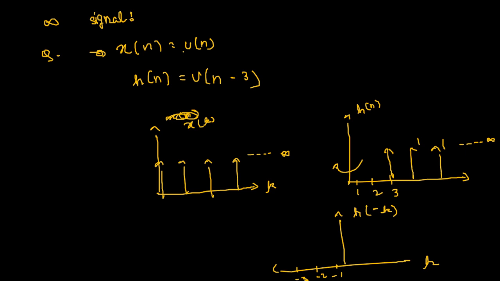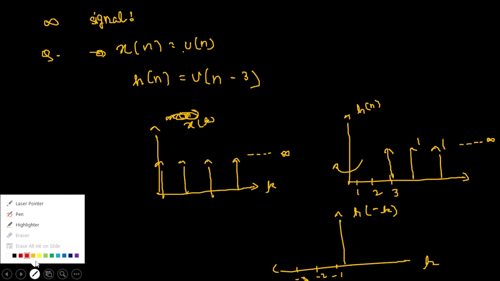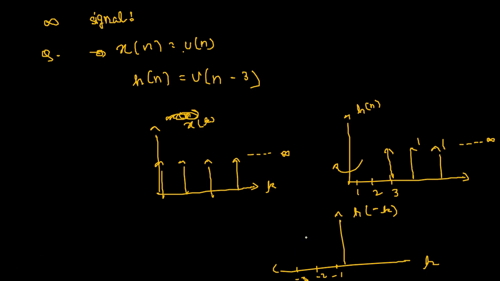We had the input signal as the unit step function and the unit impulse function, which is the function of the system, as the unit step function shifted to the right by 3 units, which is u of n minus 3. While applying convolution, like always, we keep the input signal fixed, and we are going to reverse the unit impulse function, and from 3 onwards we will have 1 all the way to minus infinity.